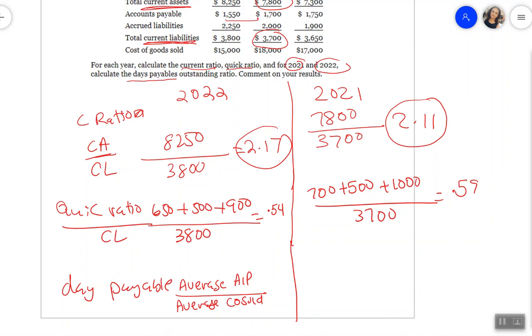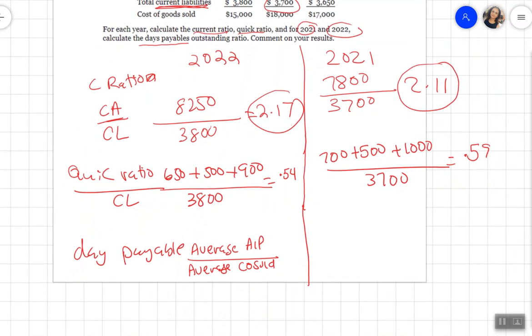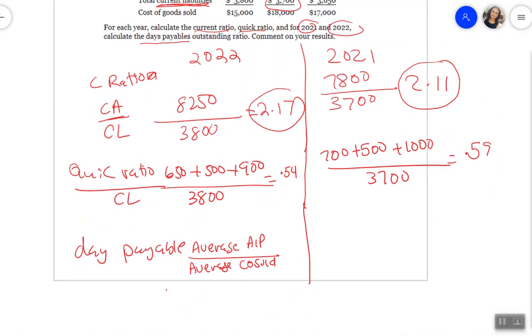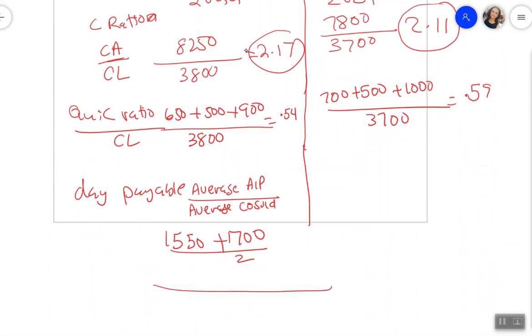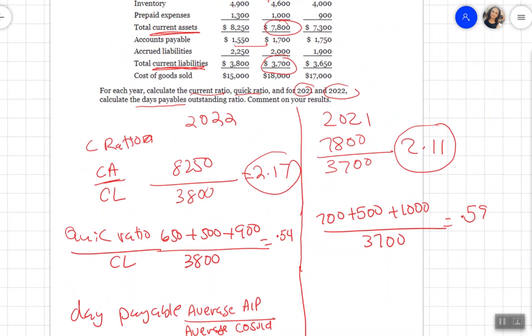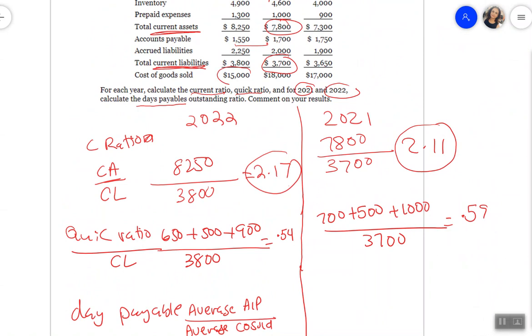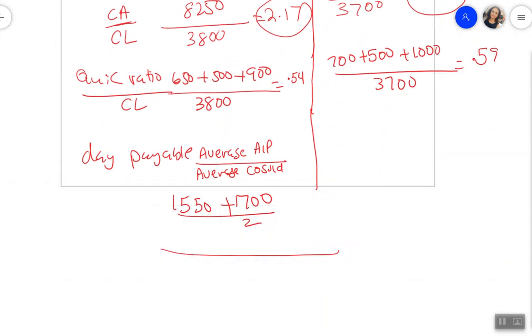So beginning accounts payable was 1,700, the ending accounts payable was 1,550. So we're going to do 1,550 plus your 1,700 divided by 2, and then you take your cost of goods sold. In this case, our cost of goods sold was 15,000.